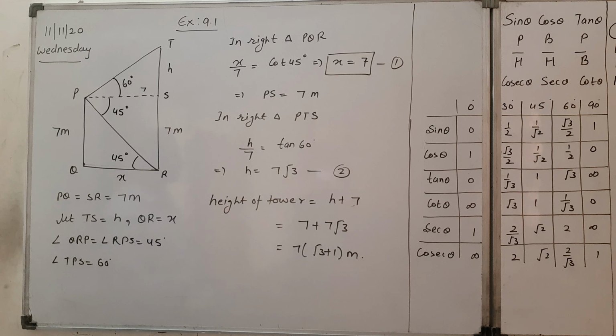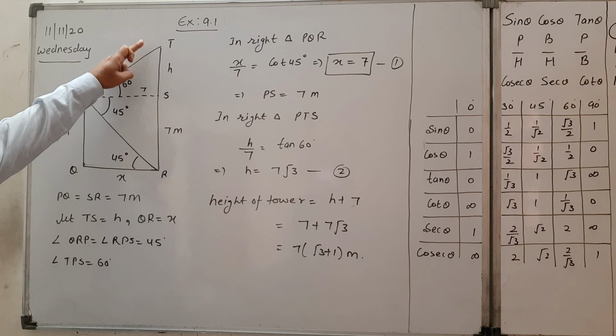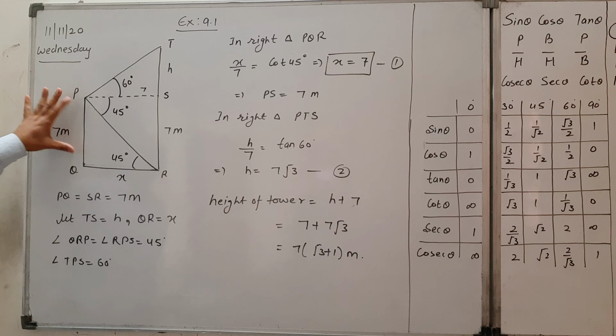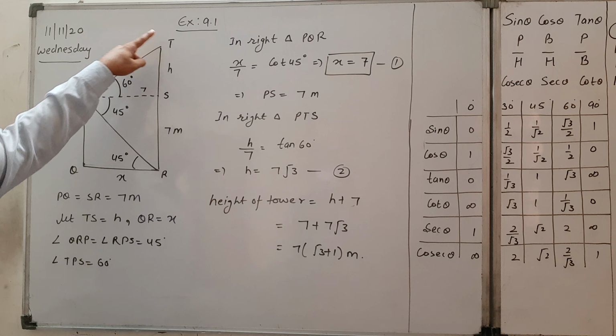So question number 12 is: from the top of a 7 meter high building, the angle of elevation of the top of a cable tower... TR is the tower here and PQ is the building of height 7 meters. From the top of the building the angle of elevation of the top of the tower is 60. Because the observation point is P, we have to draw a horizontal line at P, and that line is PS.